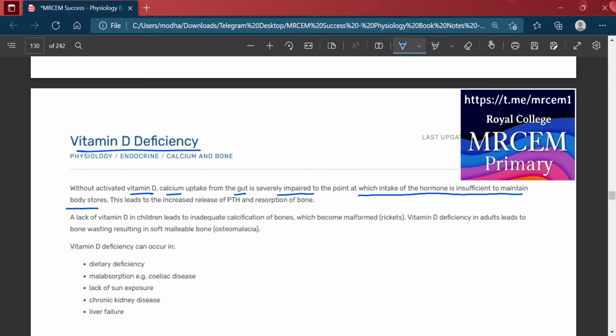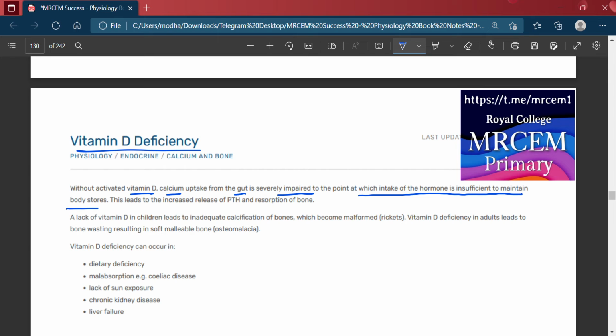So when there is vitamin D deficiency, the calcium absorption from the gut is impaired, which causes the intake to be insufficient to maintain body stores.